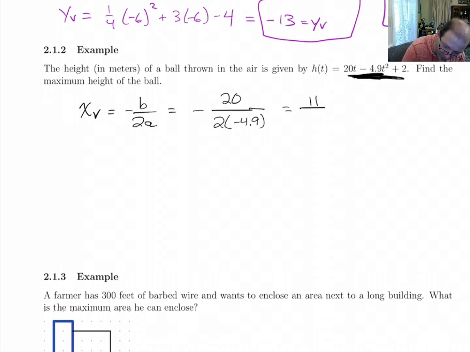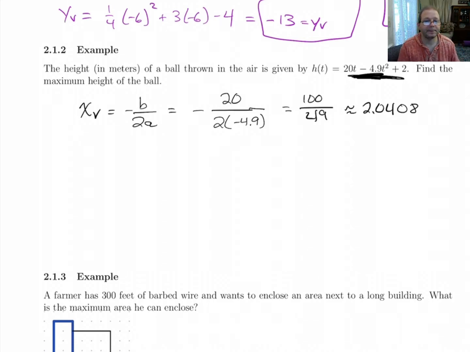It's, no, it's 100 over 49, which is approximately 2.0408. And I'll just leave it there. But now I am going to go back and change this to a t. That's when the ball is at its maximum height, after 2.04 seconds.